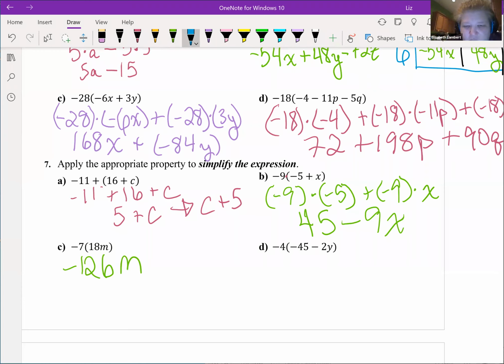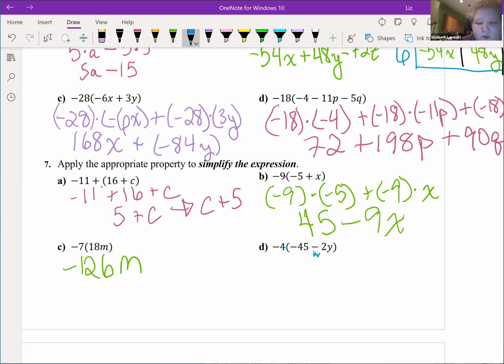Then this last crazy one, I have -4 on the outside, but there's nothing between the -4 and the parentheses, so this is going to get multiplied in. And then inside, I see -45, and if that's where it stopped, it'd just be multiplying. But then it has -2y, or plus -2y, if you will. This invokes a distribution because of the times here, and then having an addition or subtraction rather there.